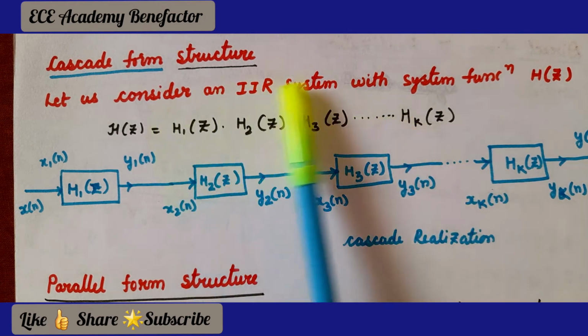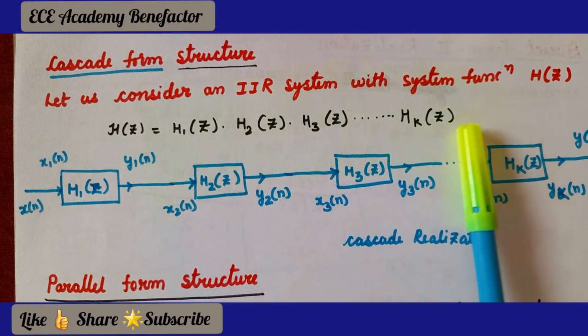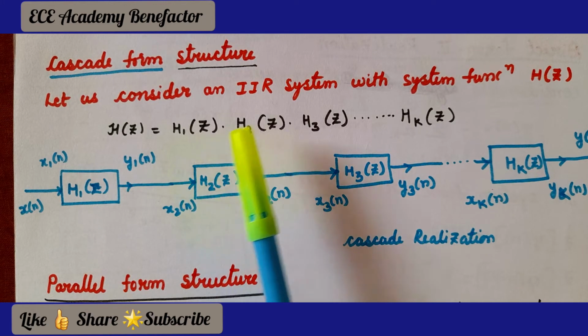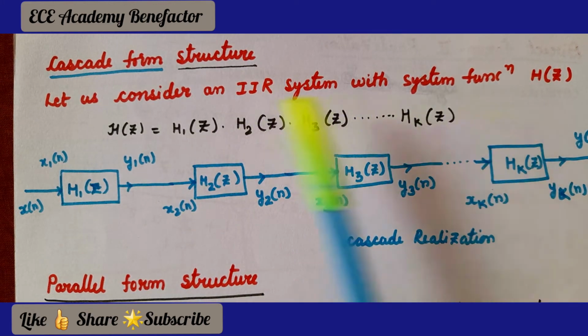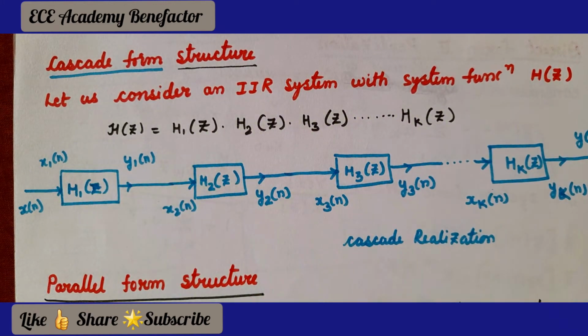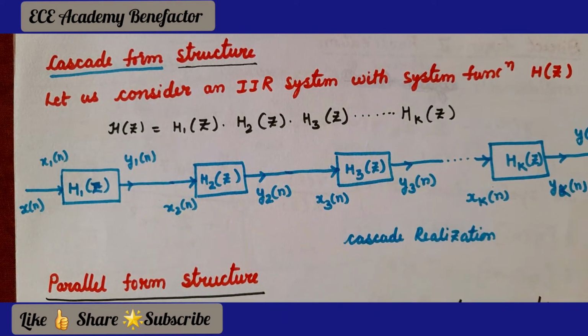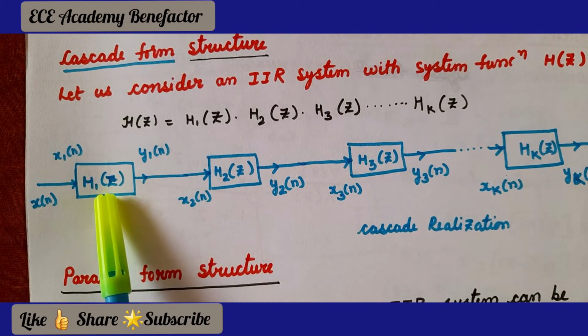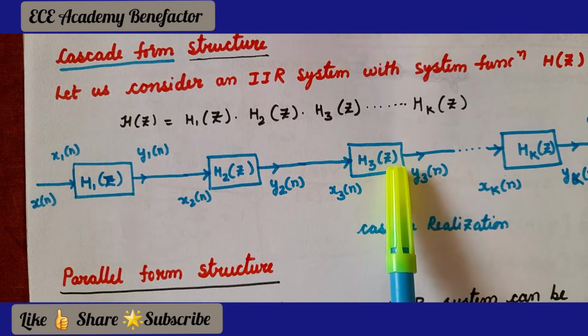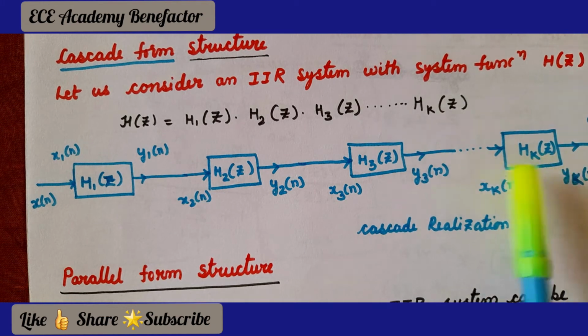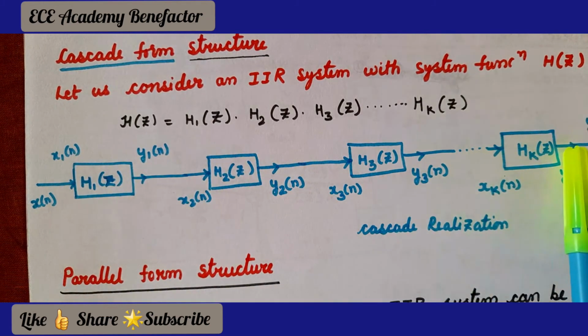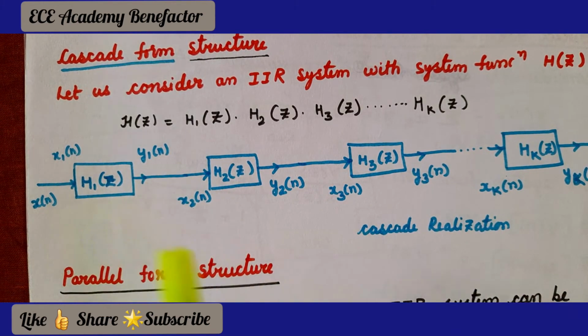When the transfer function or system function is a product of all the system functions used in the system, we have to go for cascade, or else we have to change them into product form and draw the cascade form. Here H1(z), H2(z), H3(z) till Hk(z) are all connected in series. So we call this structure the cascade realization.